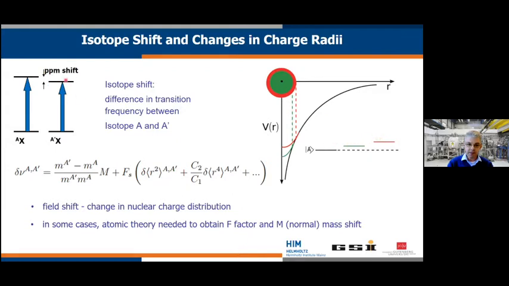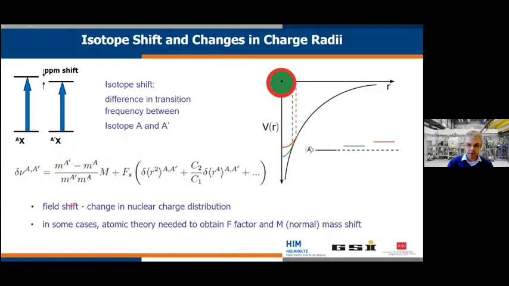As I said, this is a small effect, ppm, but since we can measure the atomic transition frequencies to a very high precision, we are sensitive to observing these so-called isotope shifts. If you parameterize these isotope shifts, so this is the difference in the transition frequency between an isotope with mass number A and A prime, then there are basically two factors.